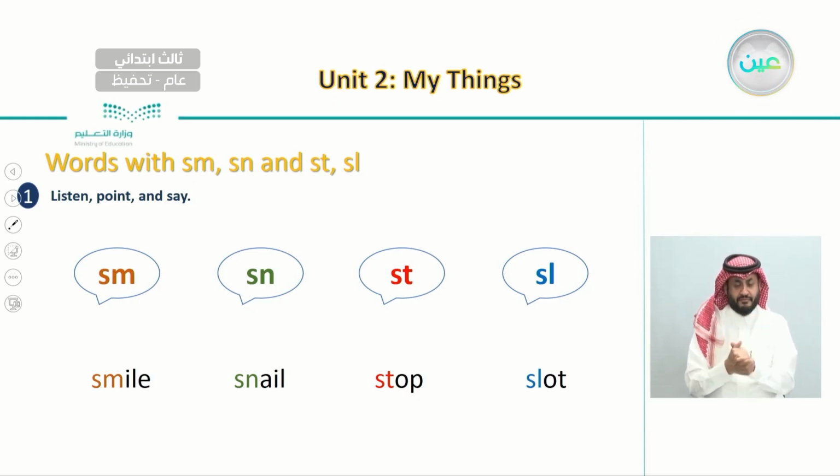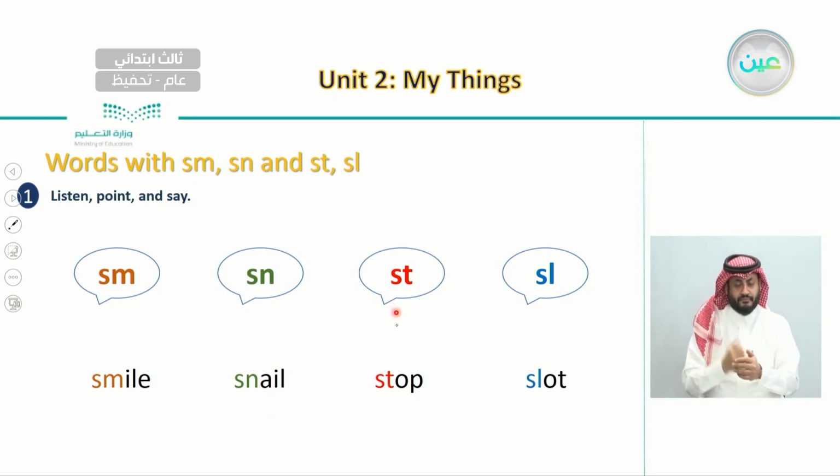So the first word we have that starts with S and M is the word smile. Smile. Say after me, smile. And the second word that starts with S and N is snail. Snail. Say after me, snail.